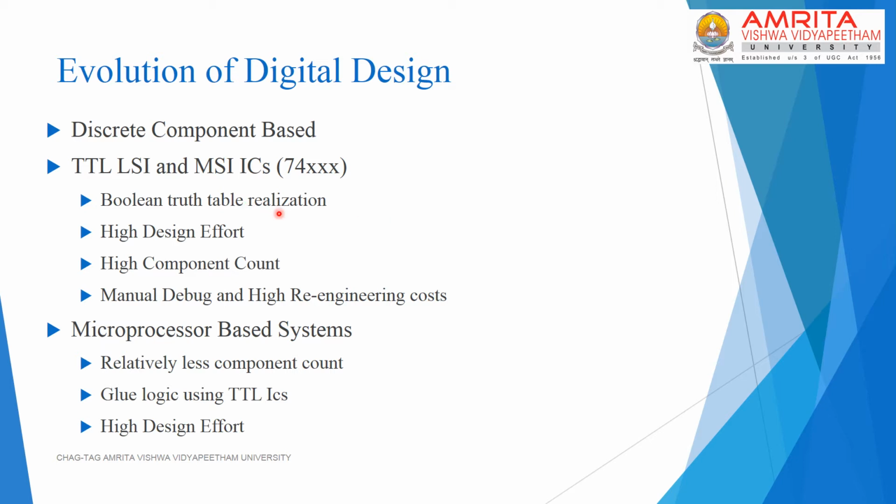Designers had to represent the specifications in the form of a truth table, and they had to manually develop the Boolean expressions for the truth tables, and finally they had to implement the truth table using gate level circuits.